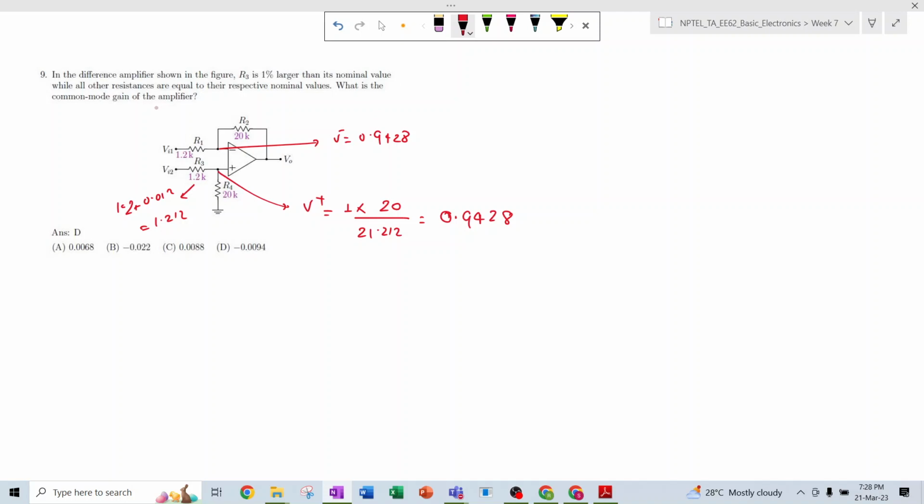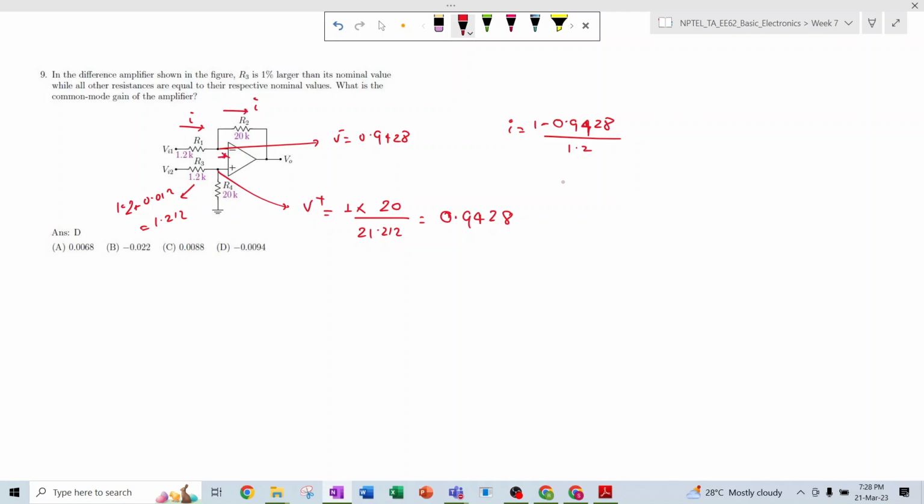So V minus is 0.9428. Now this is 1 volt, so some current will flow in this side, so this I will be (1 minus 0.9428) divided by 1.2, and the same current will flow through this side because no current flows into the op amp.